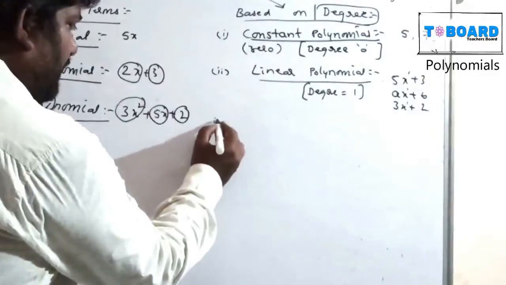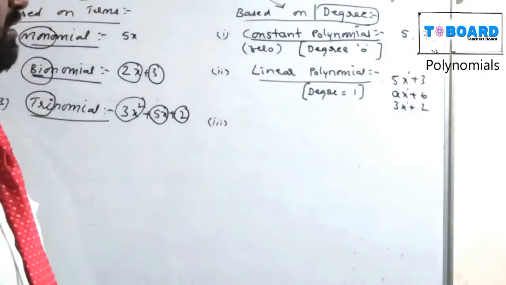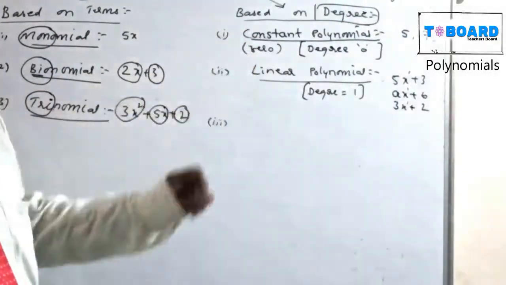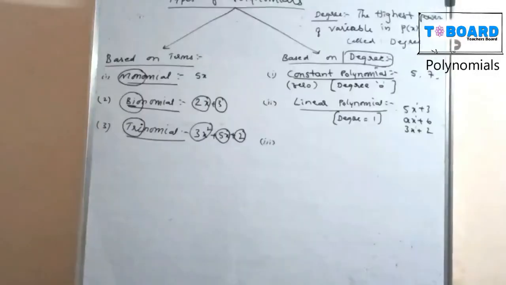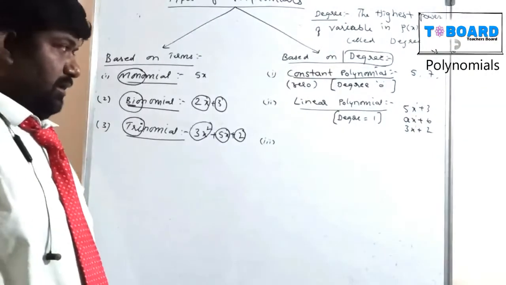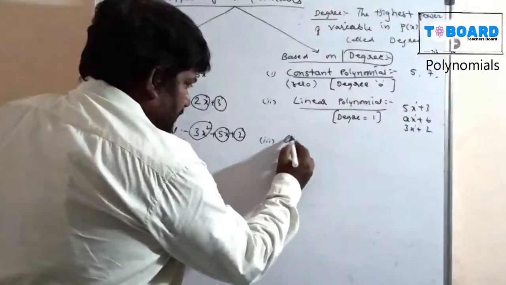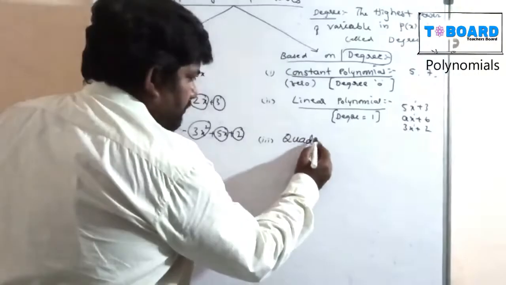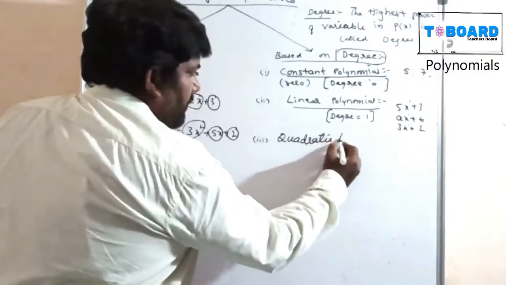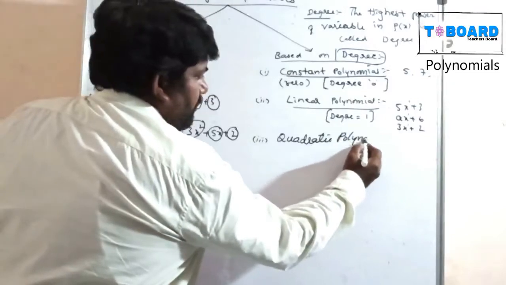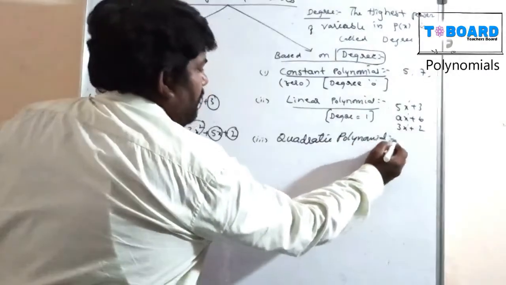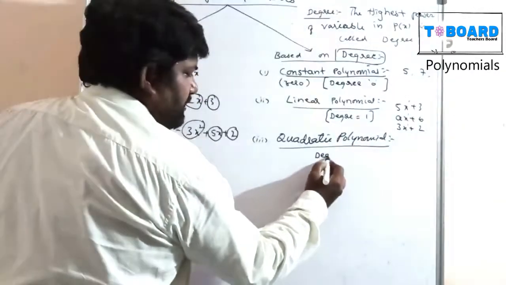Now the third one. Constant and linear polynomials are over. Next, quadratic polynomial. Quadratic polynomial means the degree is 2.